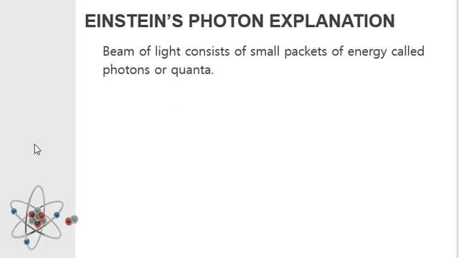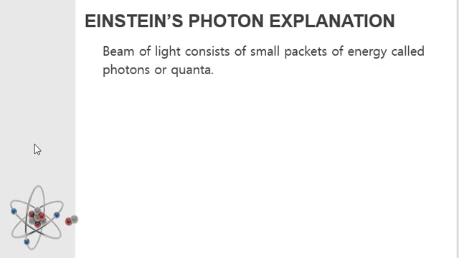Okay, again, we have already discussed Max Planck, wherein Planck considered energy as packets of energy, or that energy is quantized. So it doesn't exist in a continuous manner. It's a multiple integer of a particular energy.